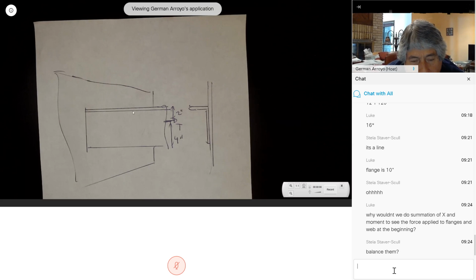This is the connection. And so the load has to be applied at the centroid, because if the load is not applied at the centroid, this will become an eccentric shear problem. So this is what they call concentric.